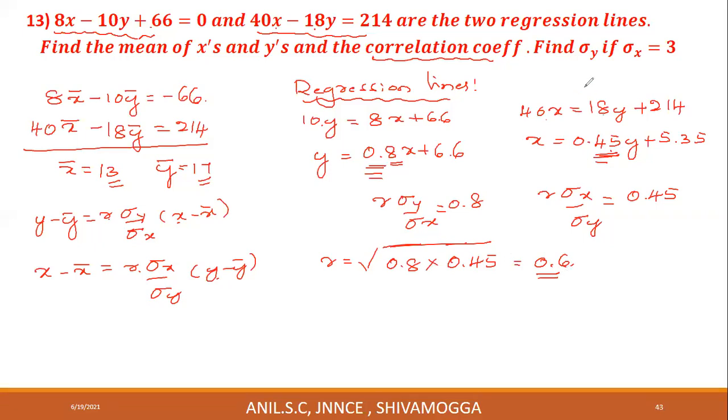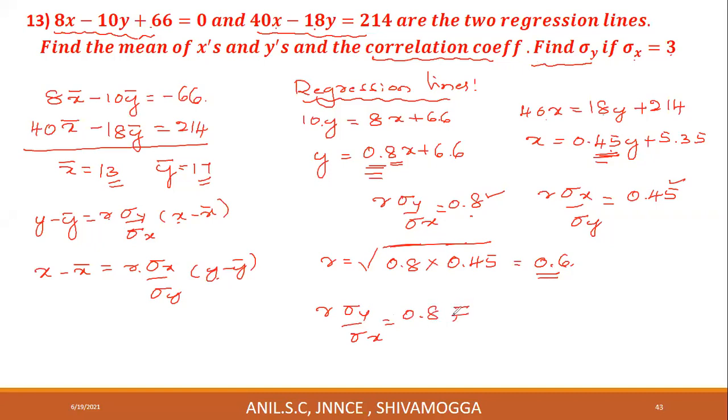Next, sigma y is required when sigma x is equal to 3. Take any one of these two expressions, I take this equation. R into sigma y divided by sigma x is equal to 0.8.